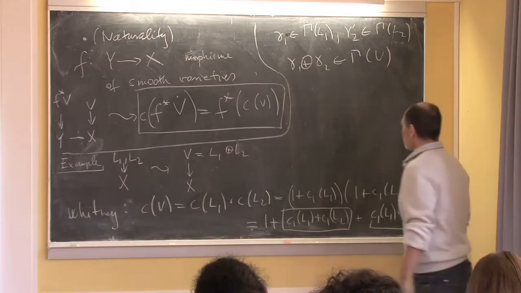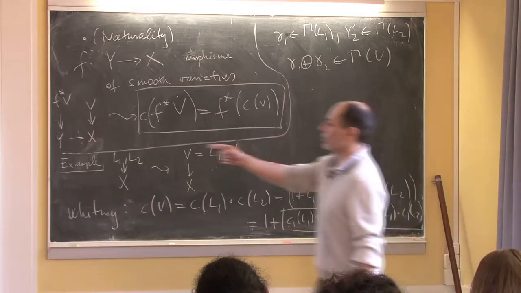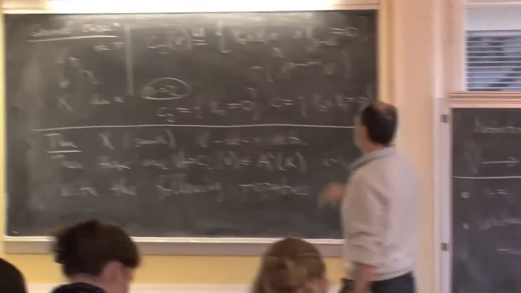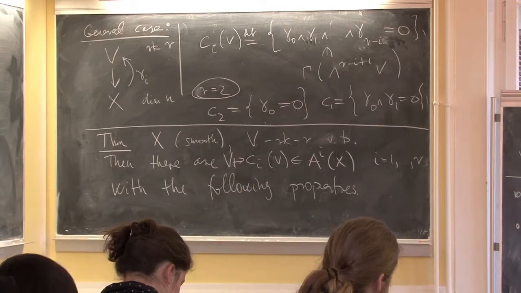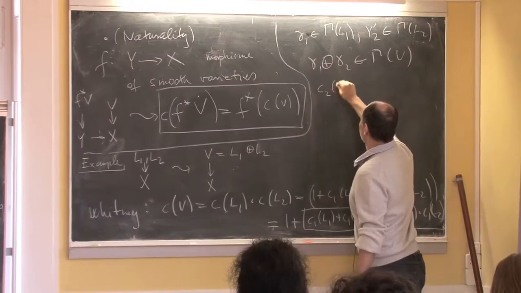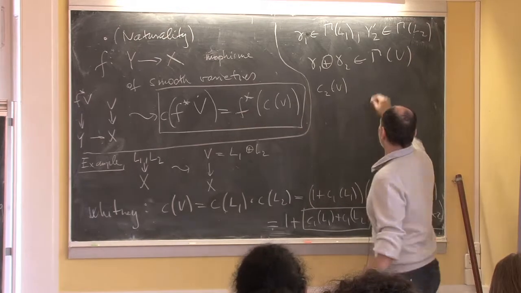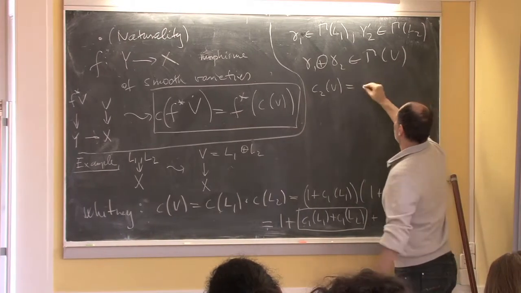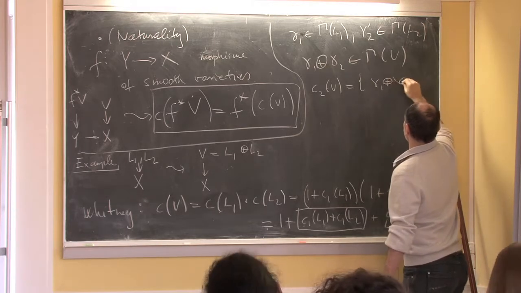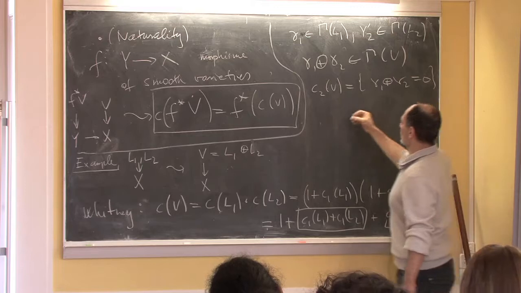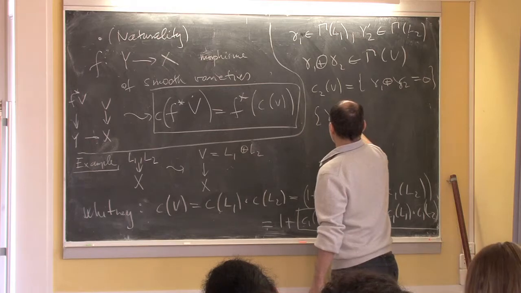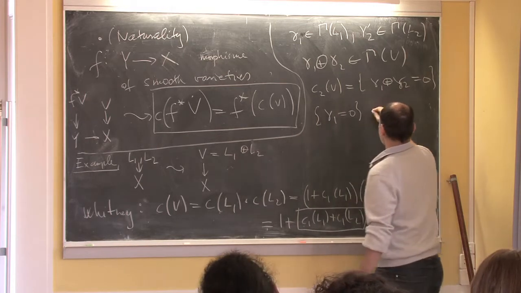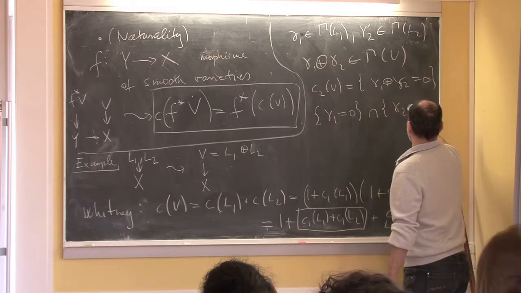So what does it mean? Let's try to understand c2, for example. Let's look at c2 first, okay? So c2 of V, according to that definition, it just means that gamma 1 plus gamma 2 is 0. And this can only happen in a direct sum if both of them are 0. So this is just the intersection of gamma 1 equals 0 times gamma 2 equals 0.